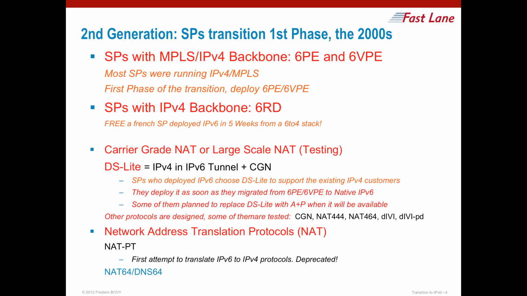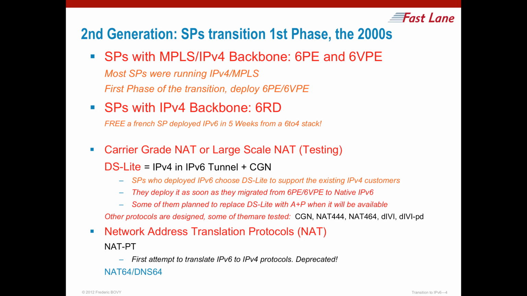At the same time we have seen the idea to use the public IPv4 addresses with more efficiency, and the idea was to use NAT one more time, another stage of NAT, to share IPv4 addresses among customers.